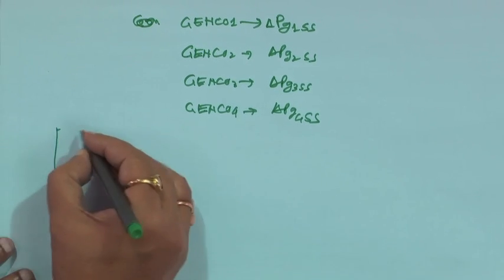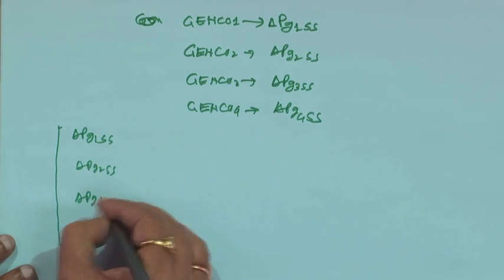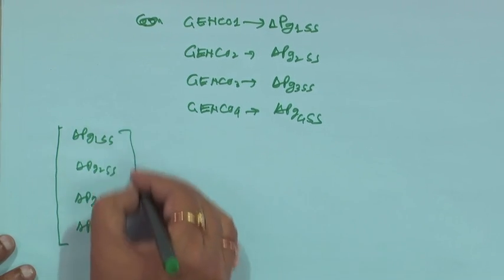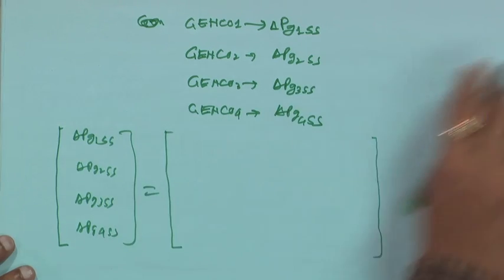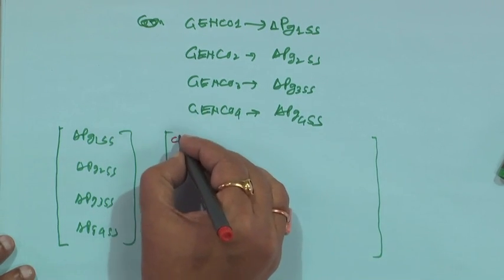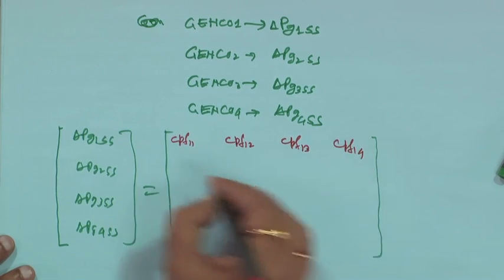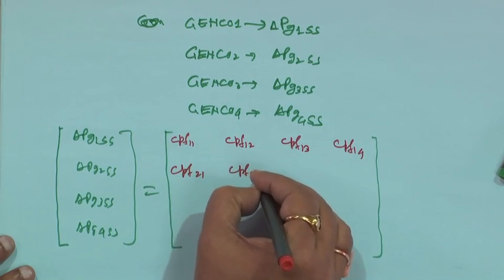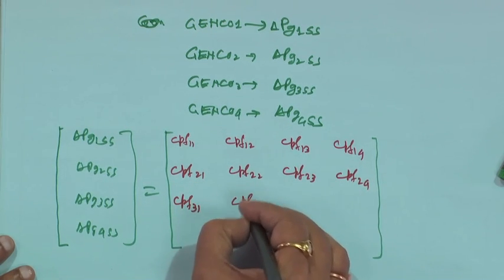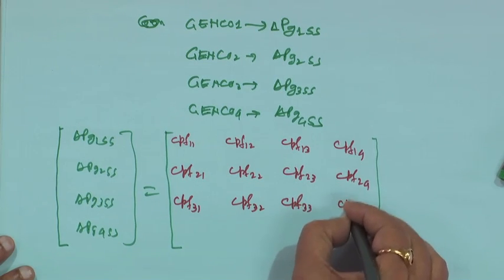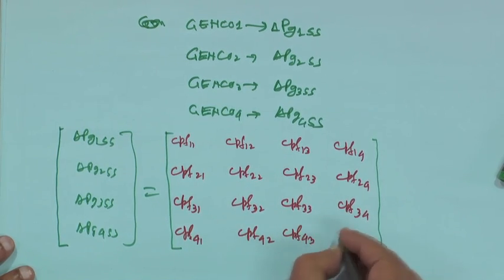On this side you write delta PG1 steady state, delta PG2 steady state, delta PG3 steady state and delta PG4 steady state, equal to the disco participation matrix with the CPF entries. Write the matrix: CPF 11, CPF 12, CPF 13, CPF 14; then CPF 21, CPF 22, CPF 23, CPF 24; then CPF 31, CPF 32, CPF 33, CPF 34; then CPF 41, CPF 42, CPF 43, CPF 44.